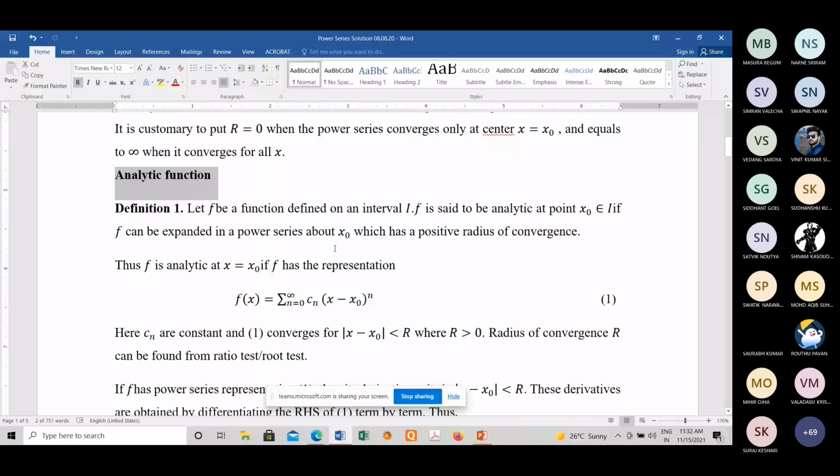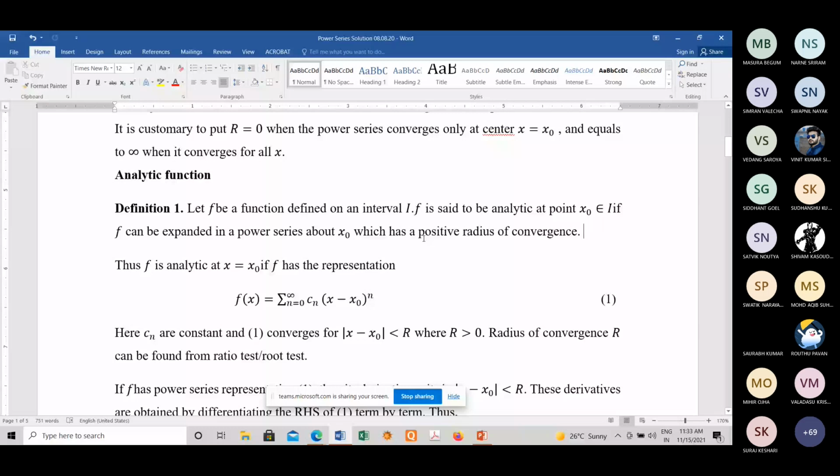So if f is a function defined on an interval I, maybe the interval a to b, then f is said to be analytic at a point x naught which belongs to the interval I if f can be expanded in a power series about x naught, which has a positive radius of convergence.